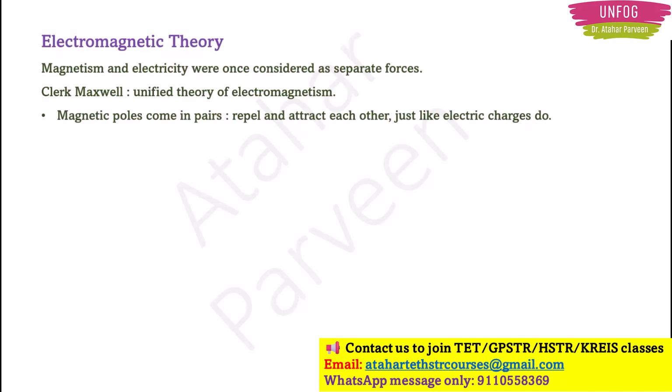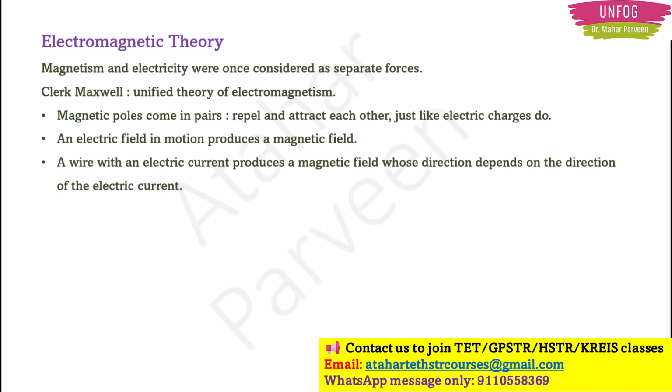The same way, the north pole and the south pole can come in pairs. They can repel and attract each other, just like electric charges. He also told that a moving electric field can produce a magnetic field. For example, if you take a wire with an electric current, it will produce a magnetic field, but the direction depends on the direction of the electric current. The magnetic field and electric current will be perpendicular to each other.